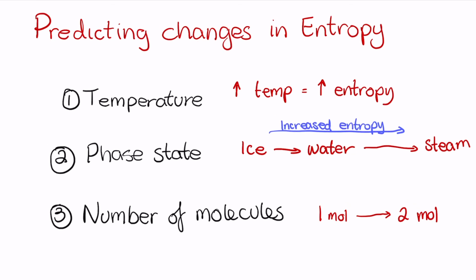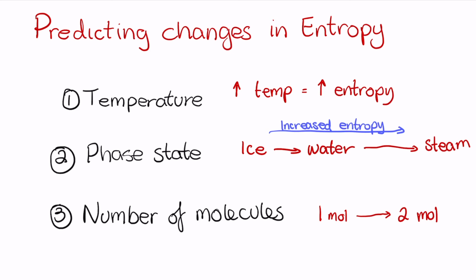So the last thing we can use to determine changes in entropy is looking at the changes in the actual number of molecules that are happening in the reaction. So take, for example, the dissociation of water. This is just for an example. With the dissociation of water, we go from 1 mole of H2O into 1 mole of hydroxide, which is OH-, as well as 1 mole of hydrogen ion.